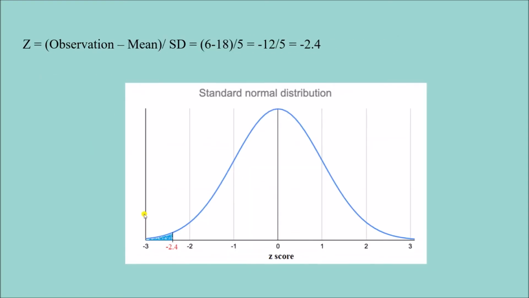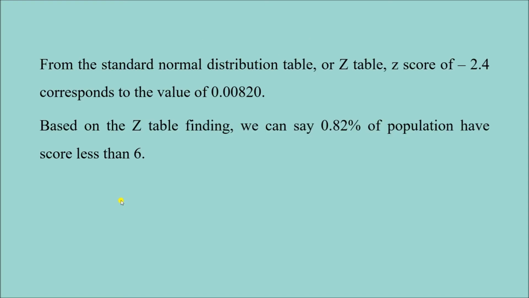Now we have to look at the z table. It is also known as standard normal distribution table or z table, and we can see z score of minus 2.4 corresponds to the value of 0.00820. So this is the proportion of people who had score less than 6. If we multiply it with 100, we get 0.82% population having score less than 6.